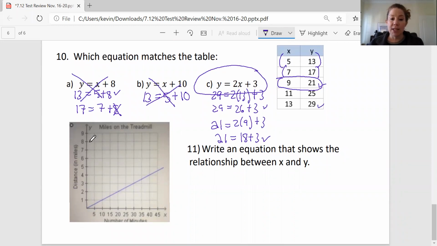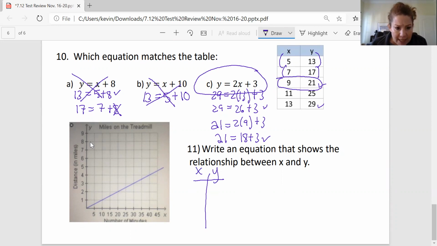All right, and finally, number 11, write an equation that shows the relationship between X and Y. All right, so let's just write down some of these coordinates. So remember, your X is your horizontal axis and your Y is your vertical, and it's even labeled here, Y and X. All right, so let's find whole numbers.